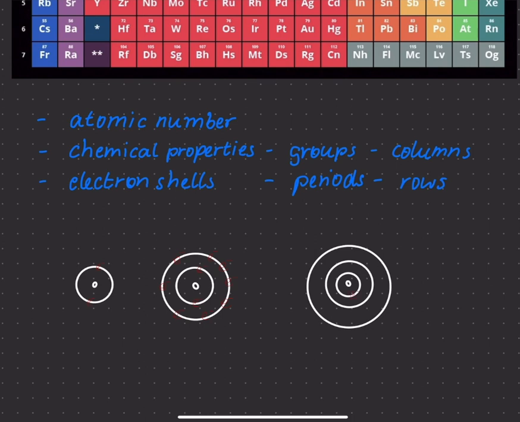We have on the inner shell 2, then we have 8 electrons here, 3, 4, 5, 6, 7, 8, and on the third shell we have again 8 electrons, 2, 3, 4, 5, 6, 7, 8 electrons. Until the third shell is completely filled.